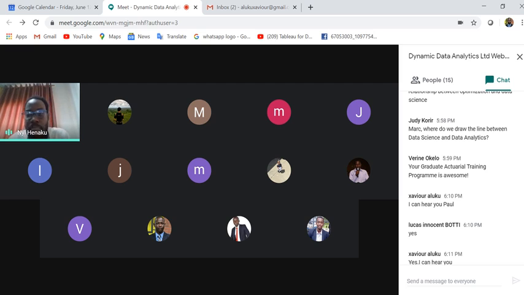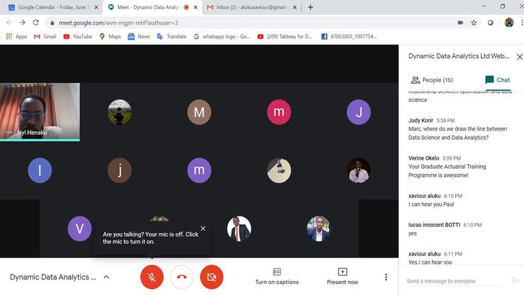But the analytics version is putting the data in, applying the model you want to apply, and getting your output. The science has to do with what is beyond the output. What do I do with the data? How does it inform decisions at management level, at the department level? That is the distinction. The analytics bit has to do with creating models.